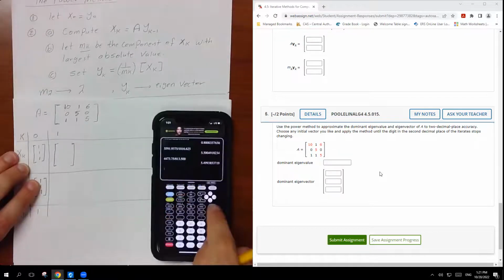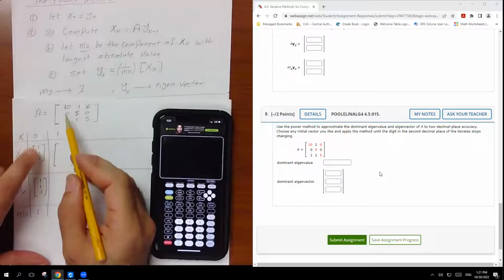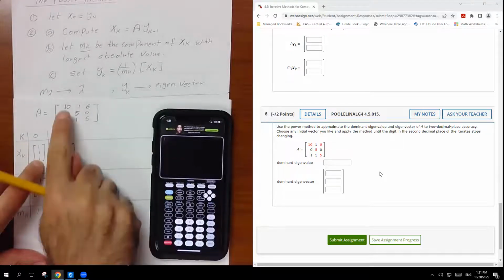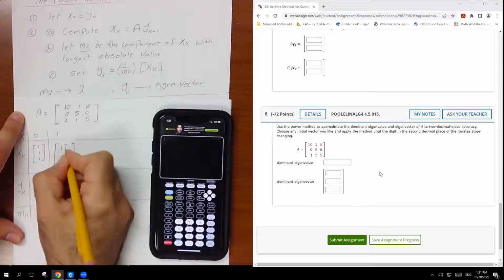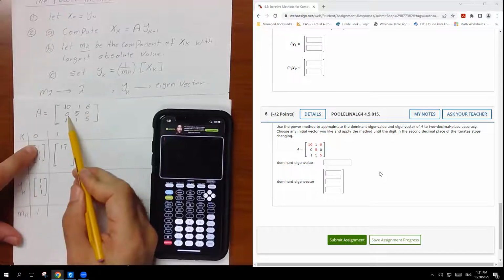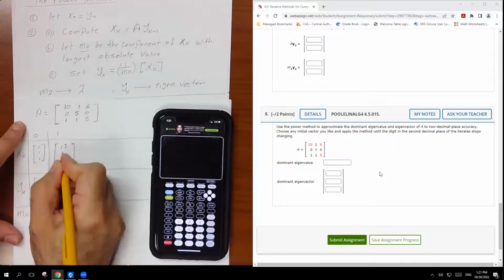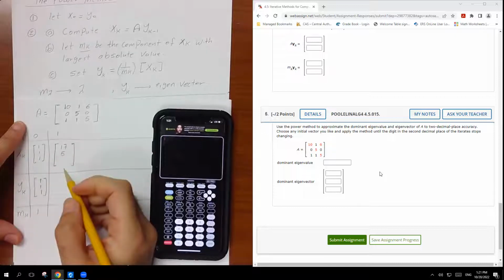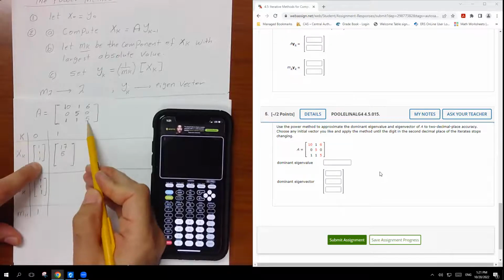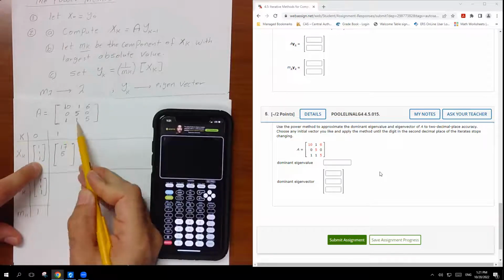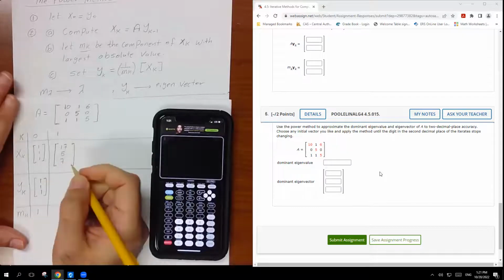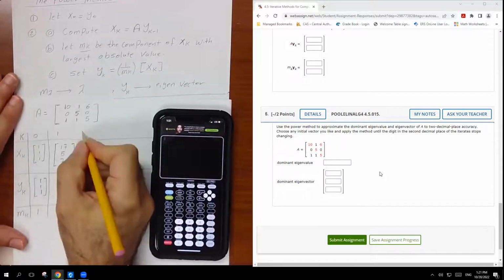The first row: 5 times 1, 1 times 1, and 6 times 1, so it's going to be 17. The second row, 0, 5, 0, so it's going to be 5. And the third is 1 times 1 plus 1 times 1 plus 5 times 1. So 1 plus 1 is 2, plus 5 is 7. So here is the first xk.